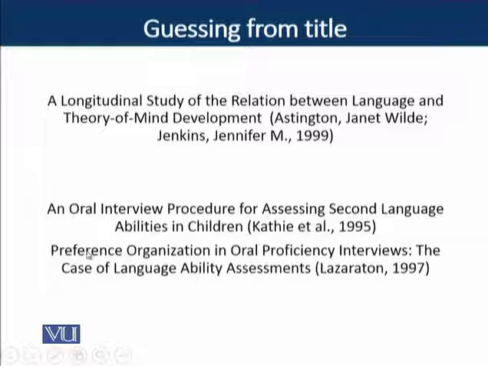Similarly, this one: preference organization in oral proficiency interviews, the case of language ability assessment. The term 'the case' shows that it might be a case study. So we can guess from the titles, and we can also use the information given in databases, preliminary sources. They also provide some information about whether they are primary research or position papers.